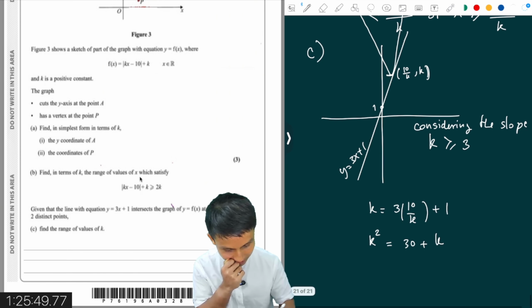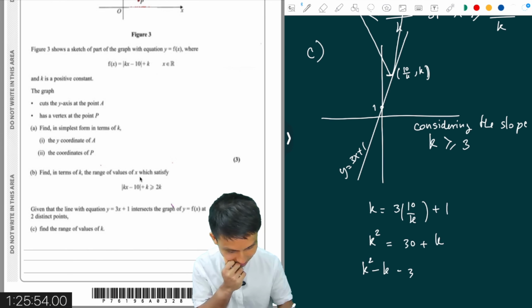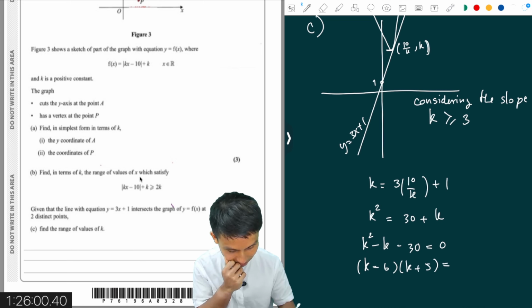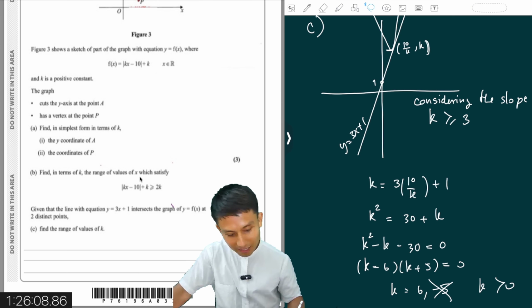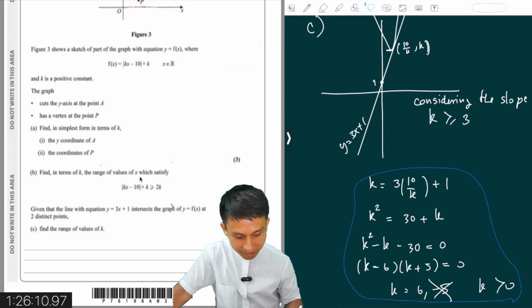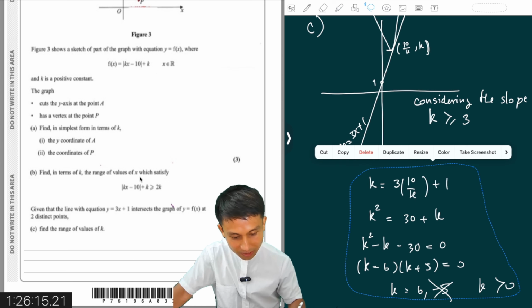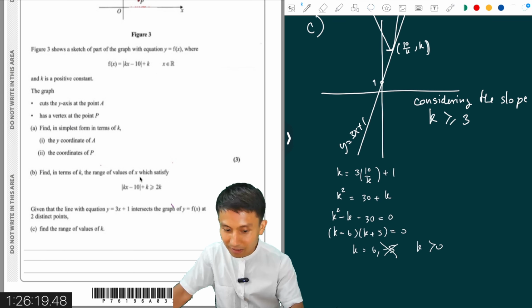From my knowledge of algebra here, this is (k minus 6)(k plus 5). So k is 6 or minus 5, but we want k greater than 0, so we're going to take k as 6. And k has to be smaller than 6, because if you have k greater than 6, the V shape will be above, and they're not going to meet again.